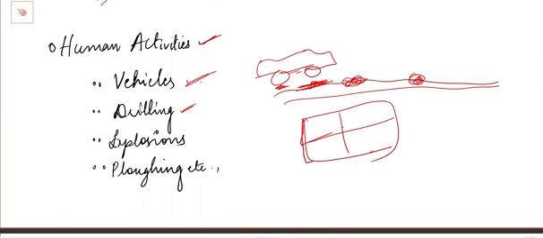Pillars are main for the building, so he wants to make a pillar for it. Then he finds a rock inside it, so he tries to drill the rock. So this is also a kind of weathering.